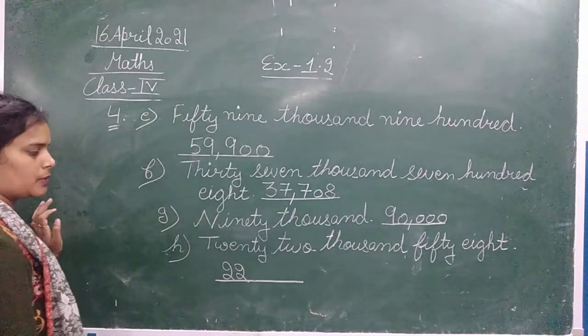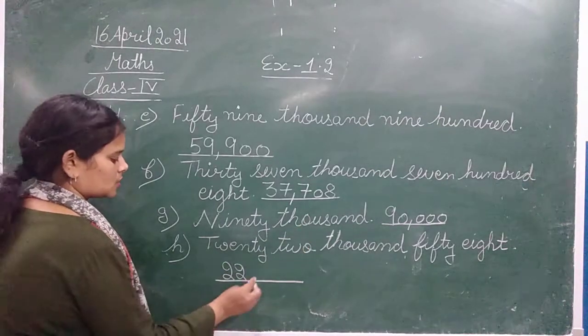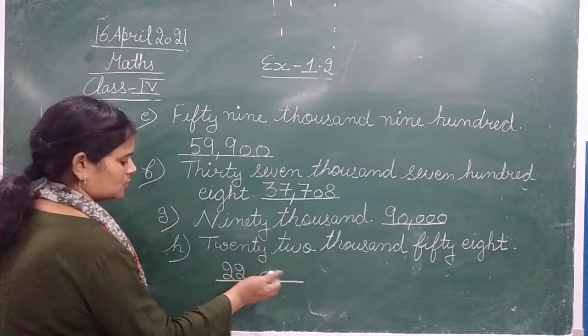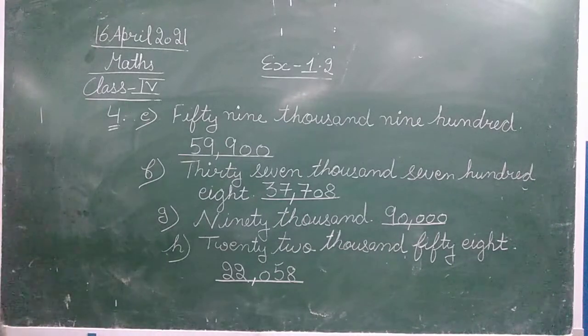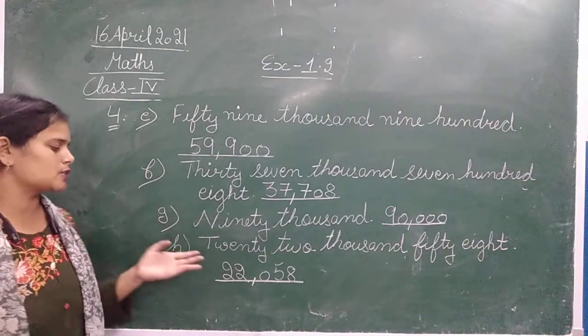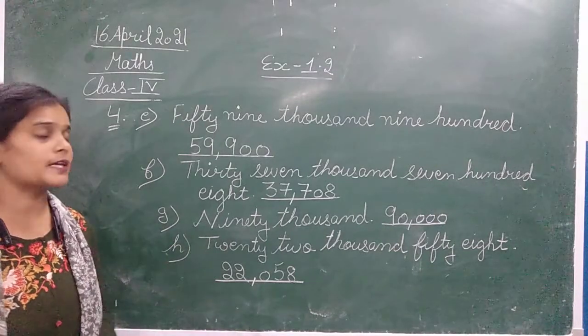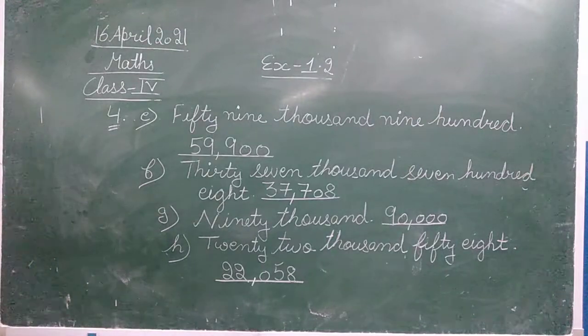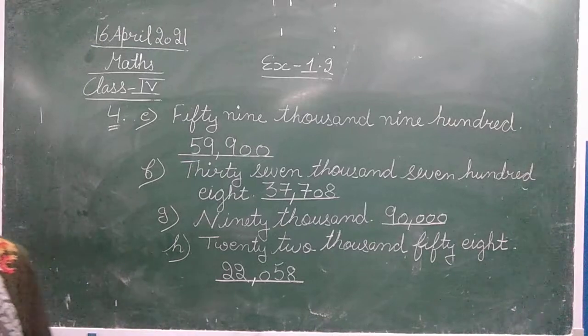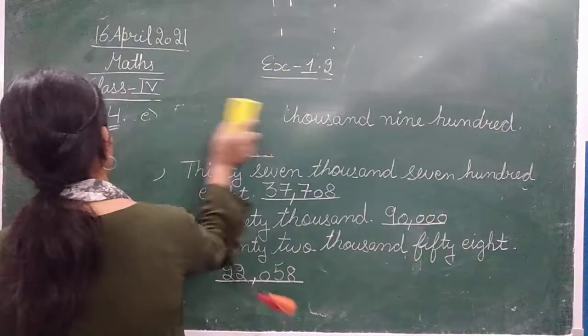Nothing is at 100 place, and then it's 58. So at 100 place we will put a 0, then 58. That is 22,058. So this is how we are going to write it. Okay, so this is the last part of question number 4 of exercise 1.2. You can pause the video here and note it down in the notebook. Check. So with this, now we are moving to the next.